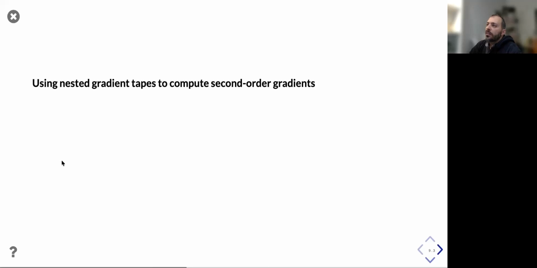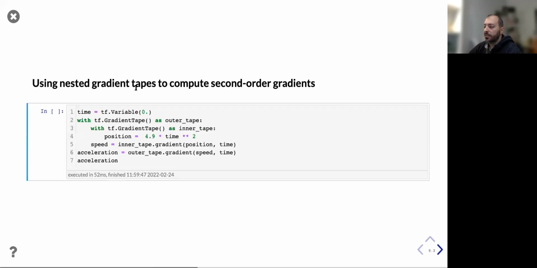The good thing is that you can use nested gradient tapes, though you may never use it. So for example, if you want to use it in a physics experiment, you have an object that you drop and you have the equation of the position with respect to time, then you can calculate the speed, which is just the derivative of position with respect to time.